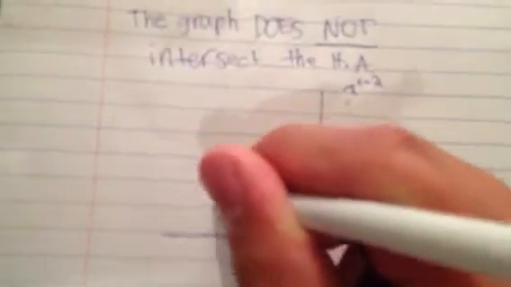And based on what these asymptotes are, you can almost figure out what the graph's going to look like. So we can figure out whether the graph converges or diverges. Diverges when it goes like this, and converges when it goes like this.